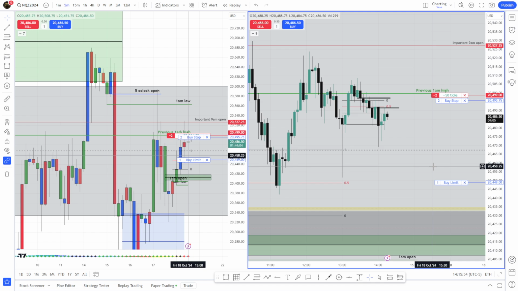I have zero expectations of OPEX today. The movement's been really compacted, high resistance.